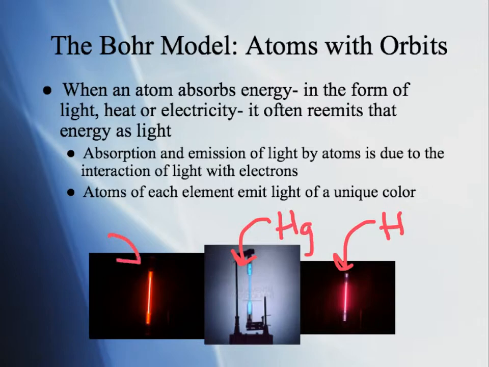And this one here is neon, actually. Okay, so there you go. This is basically hydrogen atoms, neon atoms, and mercury atoms that are absorbing energy from electricity, and as they absorb that energy and release it, they light up in different colors.